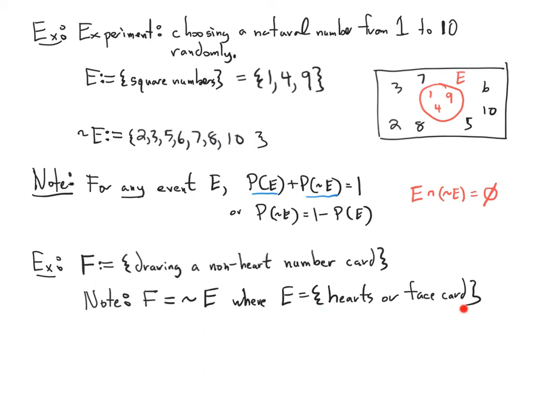And we already worked out this probability. We worked out that that was 22 over 52. So we know that the probability of F is going to be 1 minus the probability of E. So this is 1 minus 22 over 52, which is, you can change 1 to 52 over 52 if you like, and subtract, and you get 30 over 52. So the probability of drawing a non-heart number card is 30 over 52.